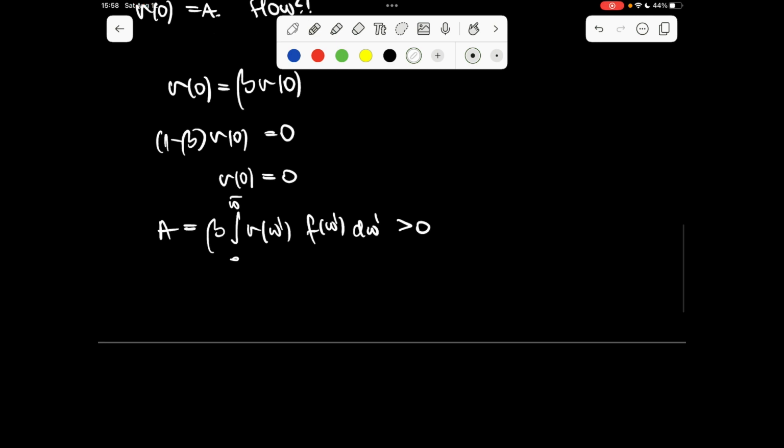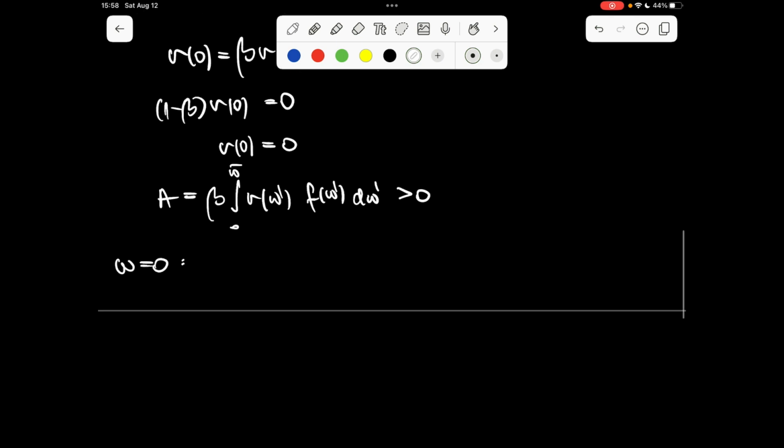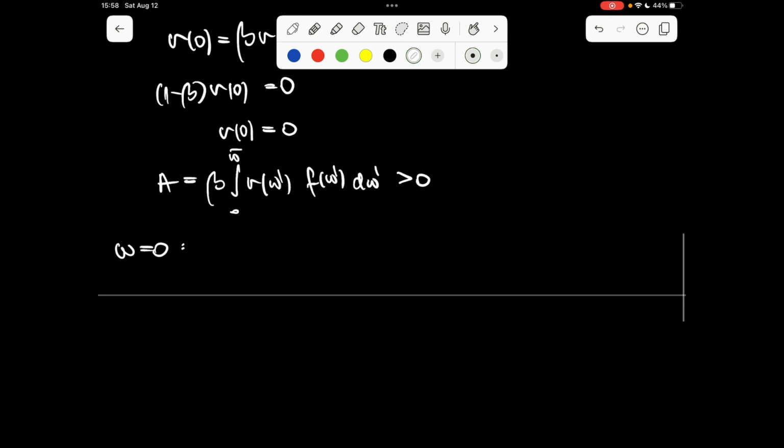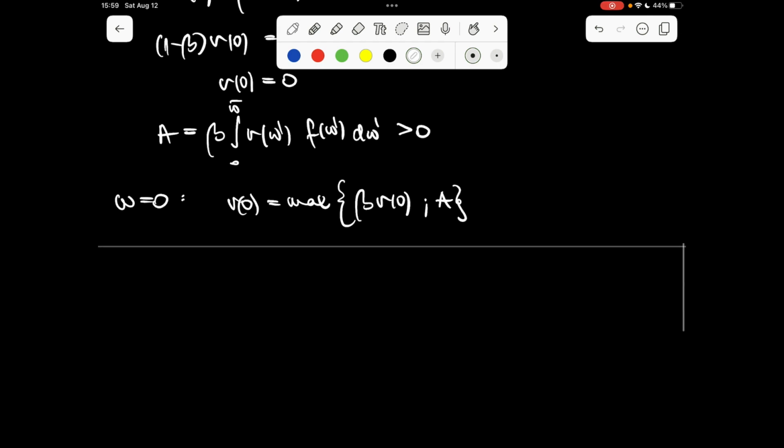So at zero wage, the decision problem is the following. So it follows, we saw that this is 0.